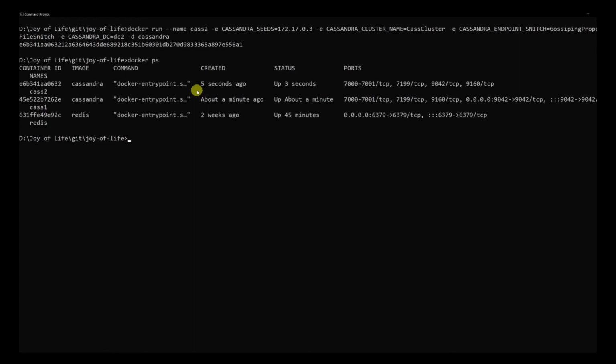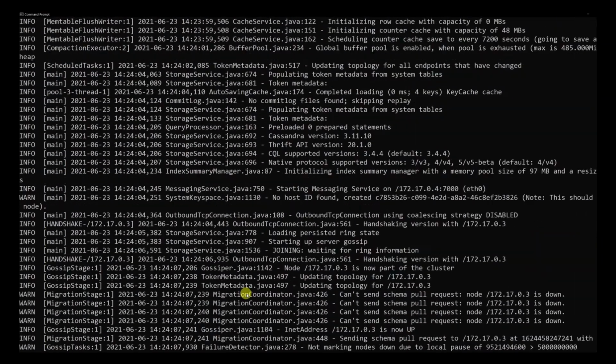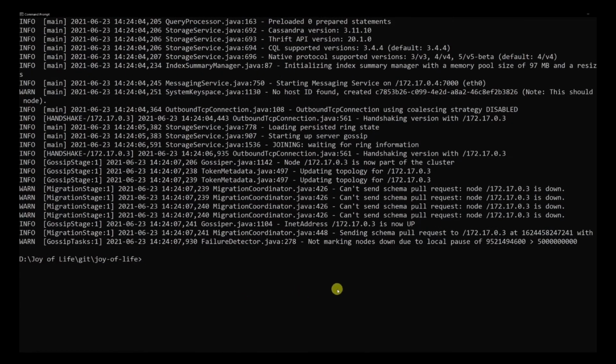So let's see over here. You can see that we have 2 Cassandra nodes over here, CAS1 and CAS2, both are Cassandra. And if I do a docker logs of CAS2, you will see that it has not joined yet. So what we can do is use the nodetool over here to see the cluster.